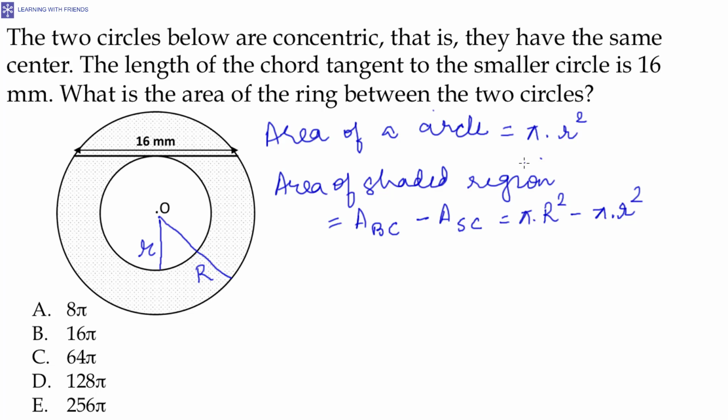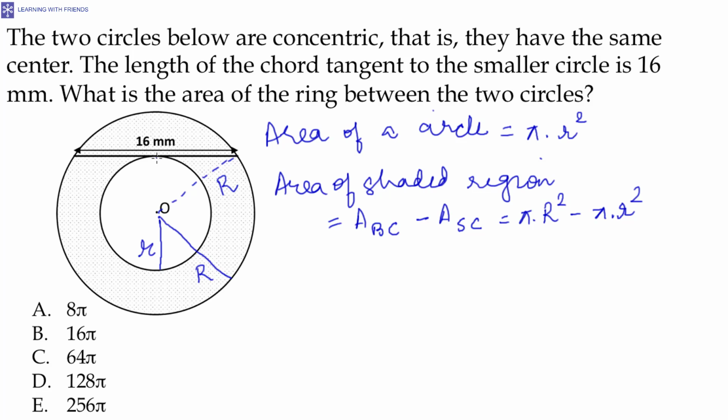The problem is that we are given neither capital R nor small r. What we are given is the tangent chord length, which is 16 mm. There's an interesting fact that we can use here. If I were to join the center to this point, then this is obviously capital R because this is the radius of the big circle.